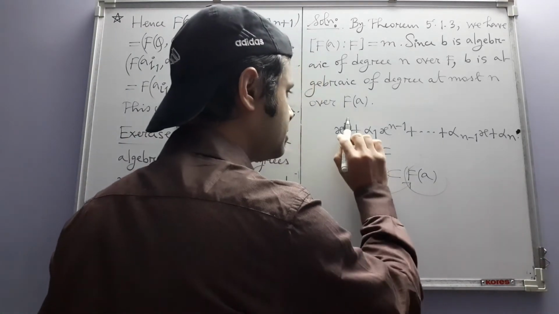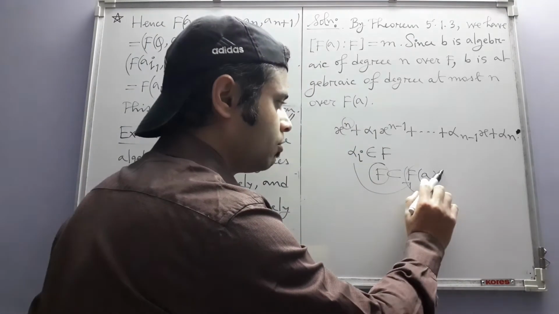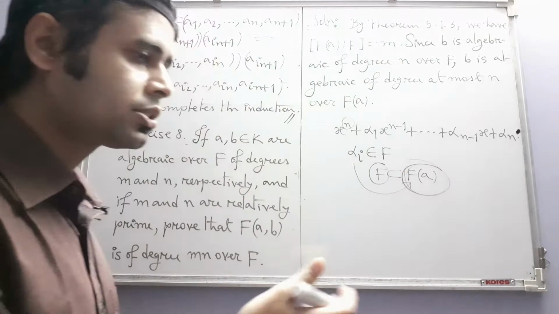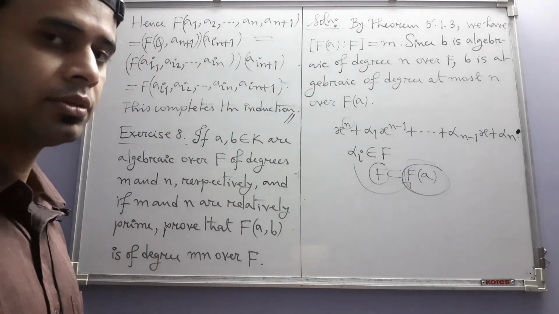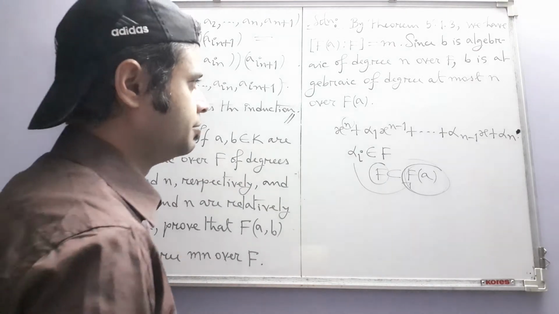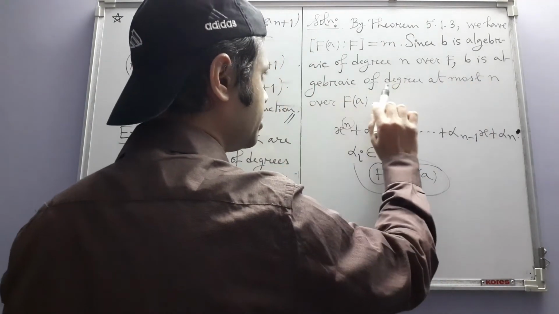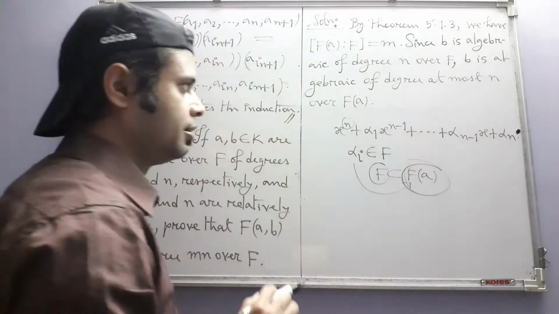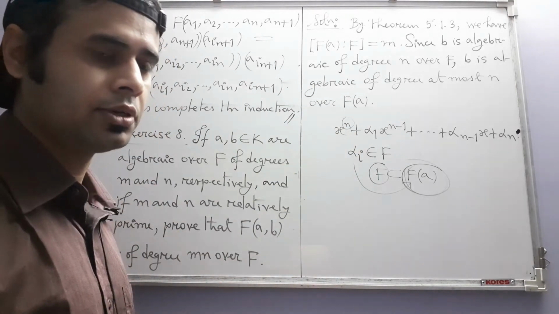Over F, this is the minimum possible degree, but over F(a), since more scalars are available, maybe we get a polynomial of smaller degree that is satisfied by b. So that's why we are saying b is algebraic of degree at most n, that is, the degree of b over F(a) is less than or equal to n.